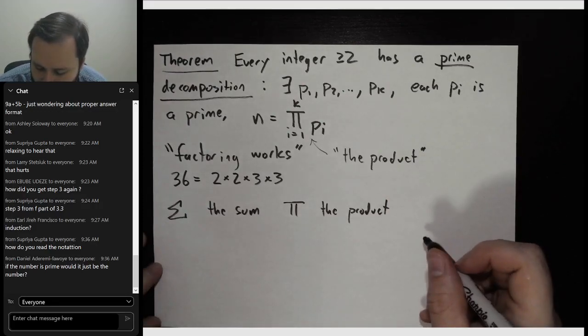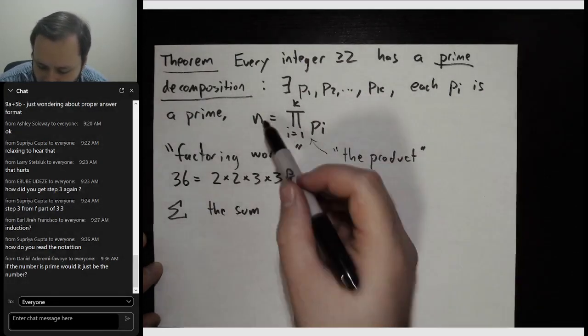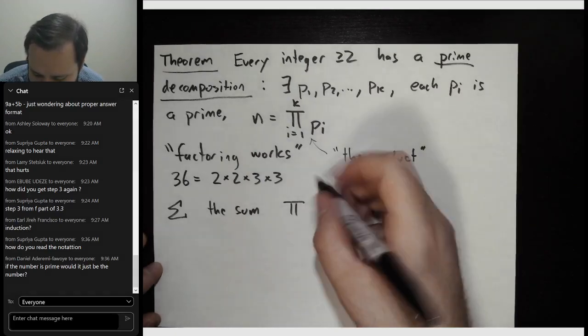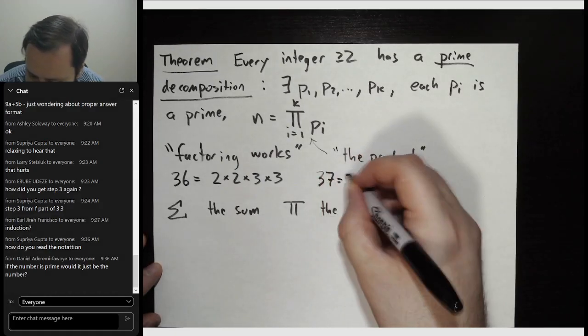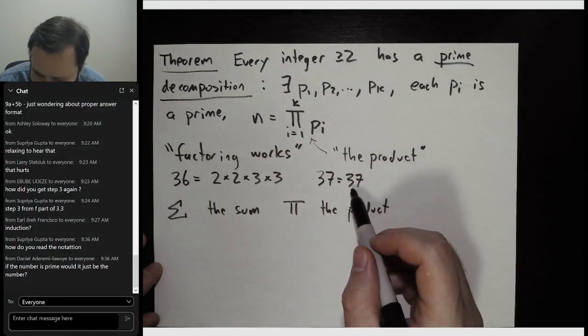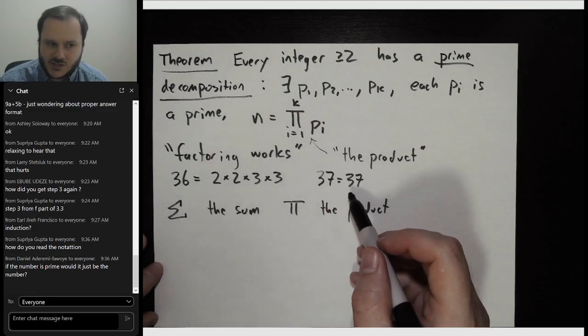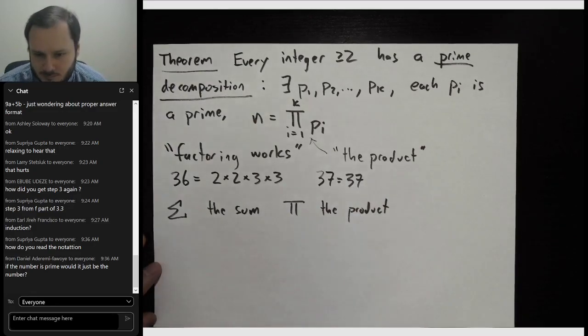Yeah, if the number is prime, then k is just 1. I just have one prime number. The prime factorization of 37 is 37. This is a list of prime numbers being multiplied together. The list just only has one number on it.